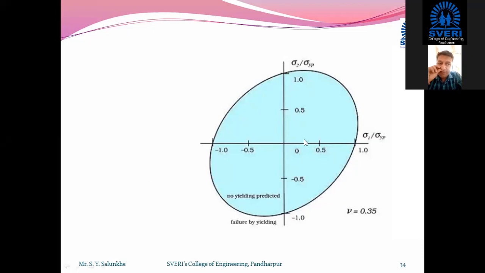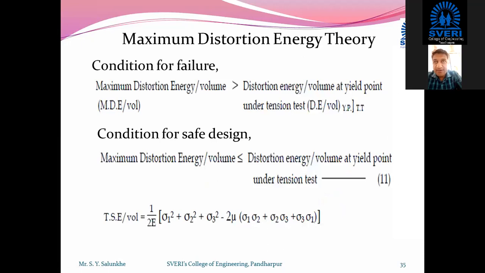The third theory, maximum strain energy theory, is not actually practicable and cannot be implemented, as we have seen, because we get that kite-like structure in which the points go away from the safe region. Practically, we can verify it. And this theory is quite near to the second theory, and hence it can be implemented. Now, the next theory is the maximum distortion energy theory.